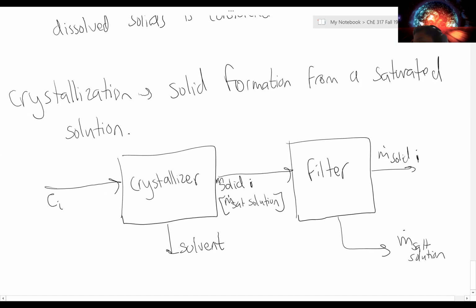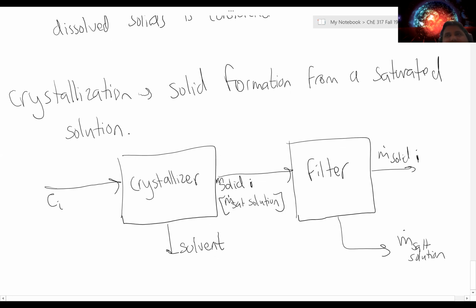So that's what's typically seen when looking at balances involving solids, is investigating the concentration in relation to it being a saturated solution, and manipulating the solubility such that you have solid formation. And then you have two systems, one being your solid pure component, and your second consisting of that saturated solution.